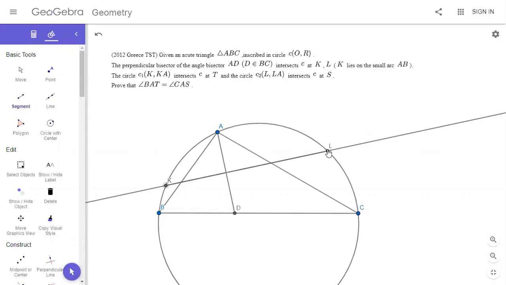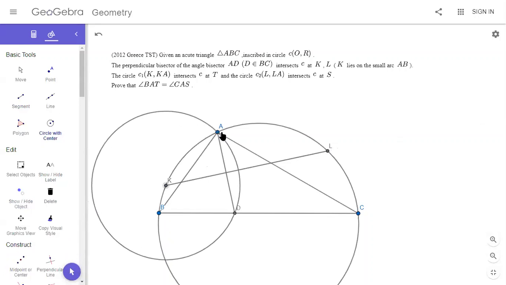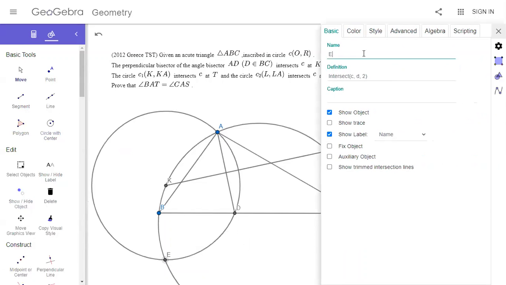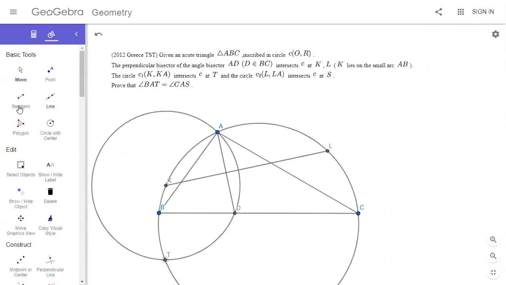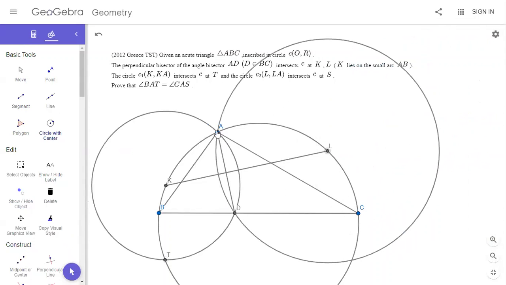The circle through K with radius KA intersects the circle again at T. Yeah, KA has to equal KD because K is on the perpendicular bisector. So we could call this point T. And we do the same thing on the other side, and that intersects it at F.